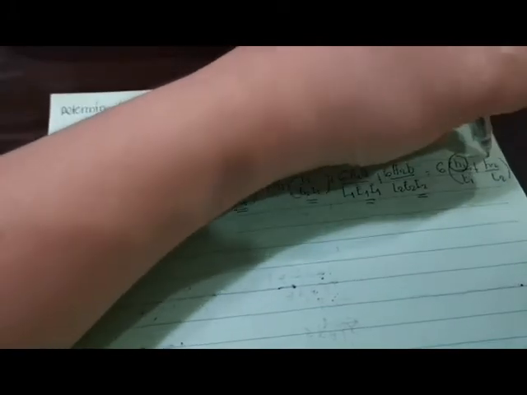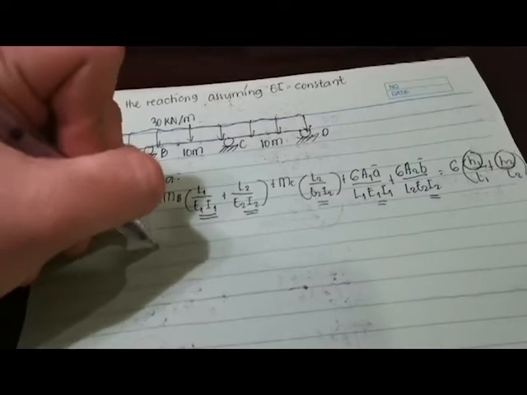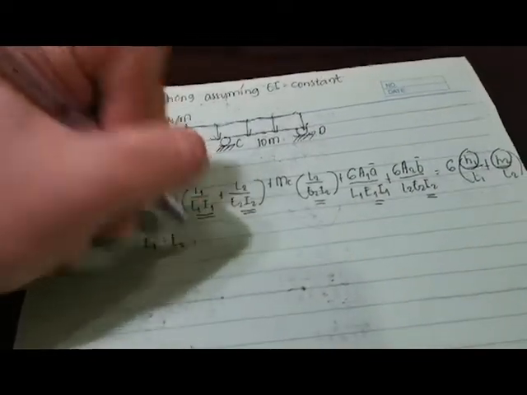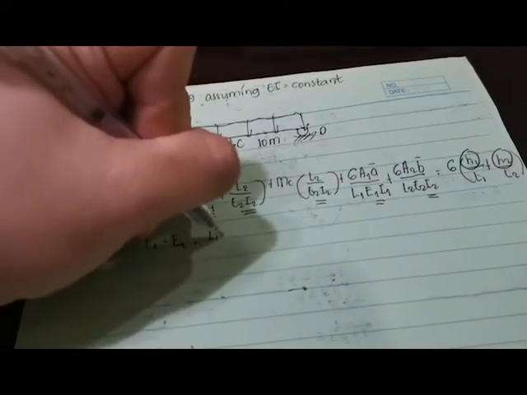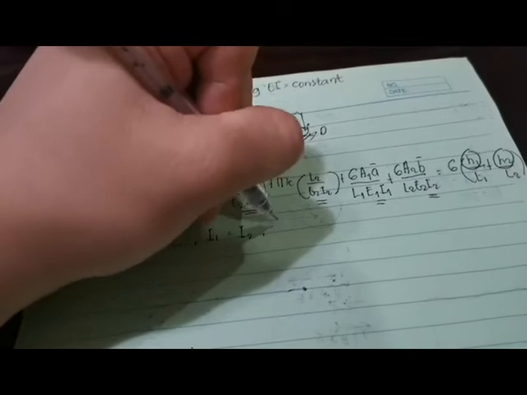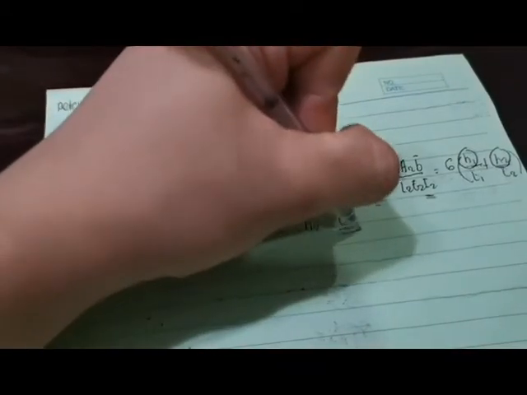So H1 is equal to 0 and H2 is equal to 0. So E1 is equal to E2, I1 is equal to I2, and H1 is equal to H2 is equal to 0.